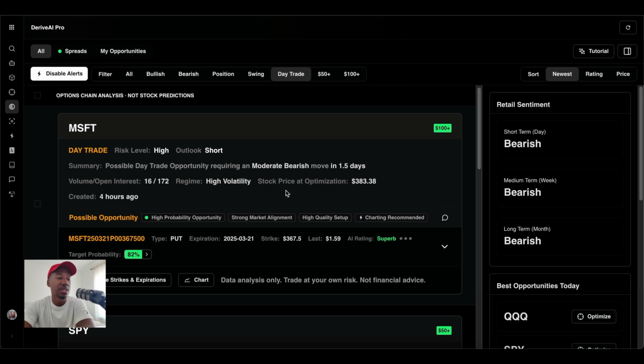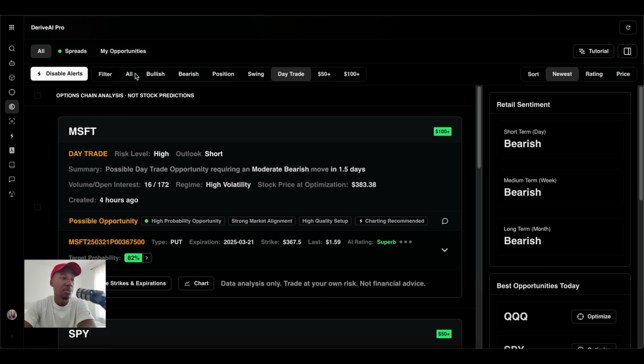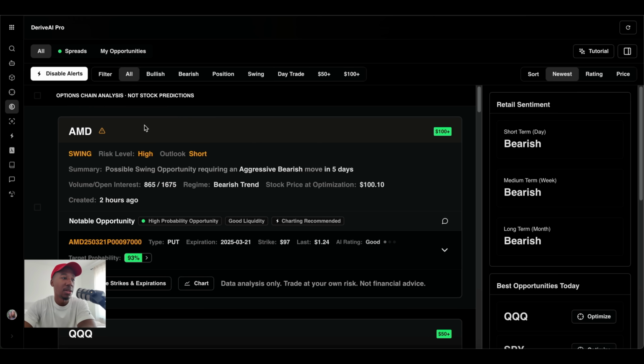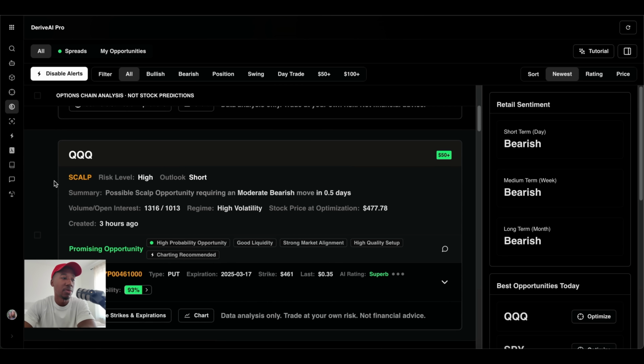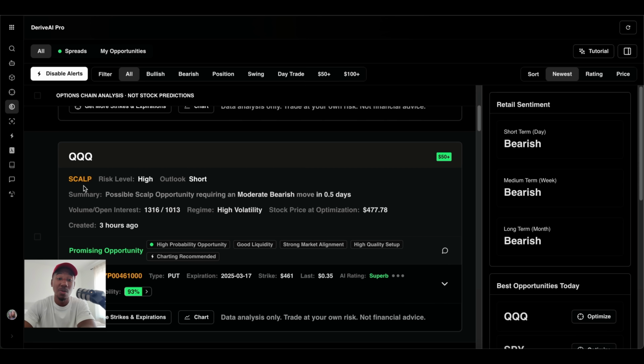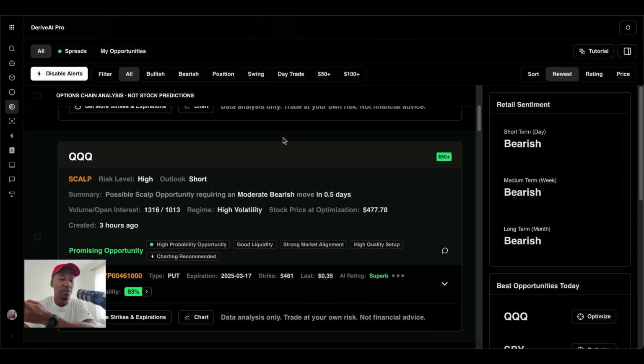So just to show you an example, this Microsoft trade right here, this is a day trade. Yeah, so that Microsoft was a day trade, and you can see right here on QQQ, it's a scalp. So there are, I believe, 4 types of trades: position, swing, day trade, and scalp. So yeah, there are 4 different lengths of trades this will put out.